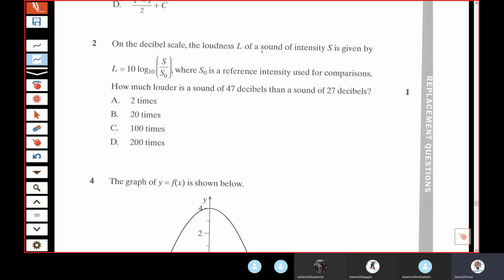On a decibel scale, the loudness L of a sound of intensity S is given by where S0 is a reference of intensity used for comparisons. How much louder is a sound of 47 than a sound of 27? Well, I think we know it. It's just 47 on 27.